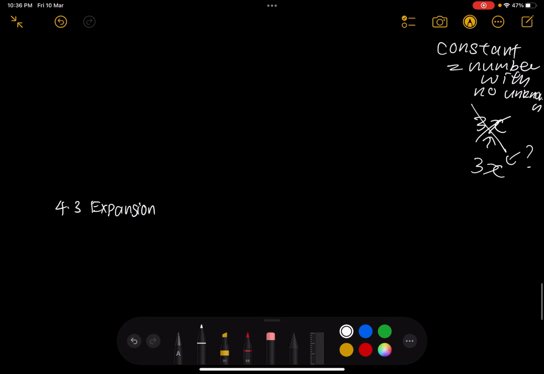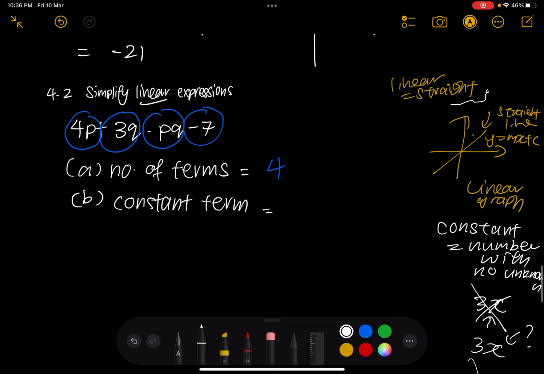How about this, is this a constant? No, because I don't know y. Is this a constant? Yes, because the number is basically 4. In this expression, which is the constant? Minus 7. You see it's a number. This one got unknown. This one got unknown. This one got unknown.